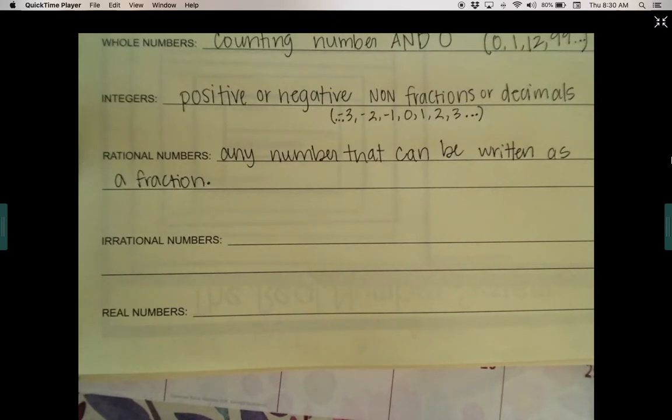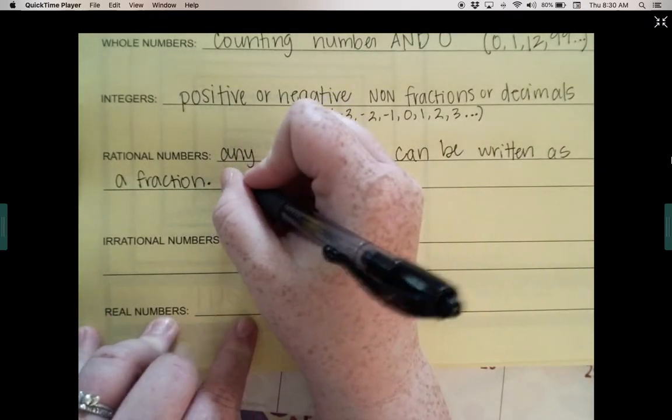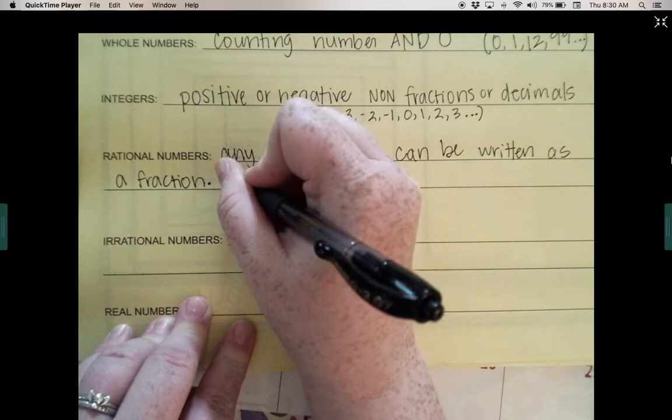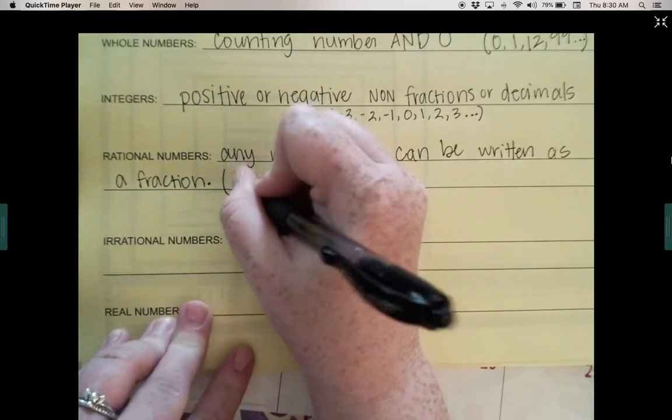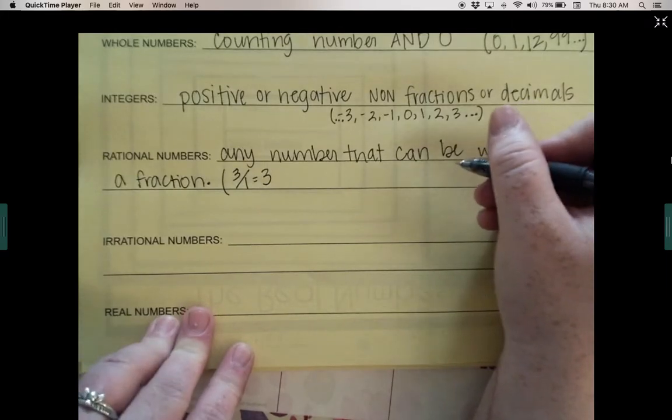So that would include a whole number, because 3 over 1 is the same thing as just 3, but I can write it as a fraction, okay?